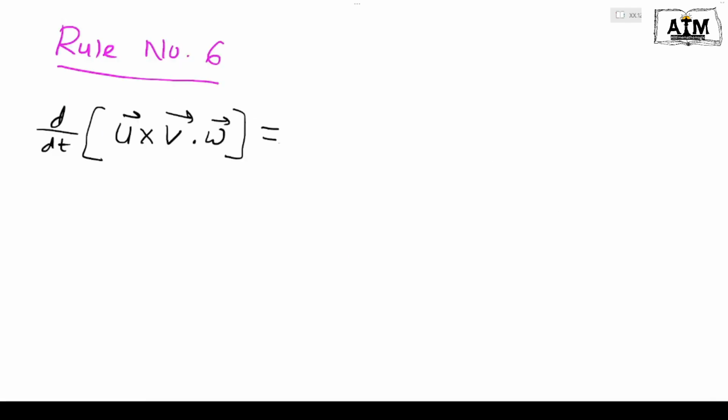Rule number 6. Derivative of vector u cross v dot w with respect to t. First of all, write down derivative of vector u with respect to t, then derivative of vector v with respect to t, and derivative of vector w with respect to t. After that, here is a cross, here is a cross, and here is a dot.